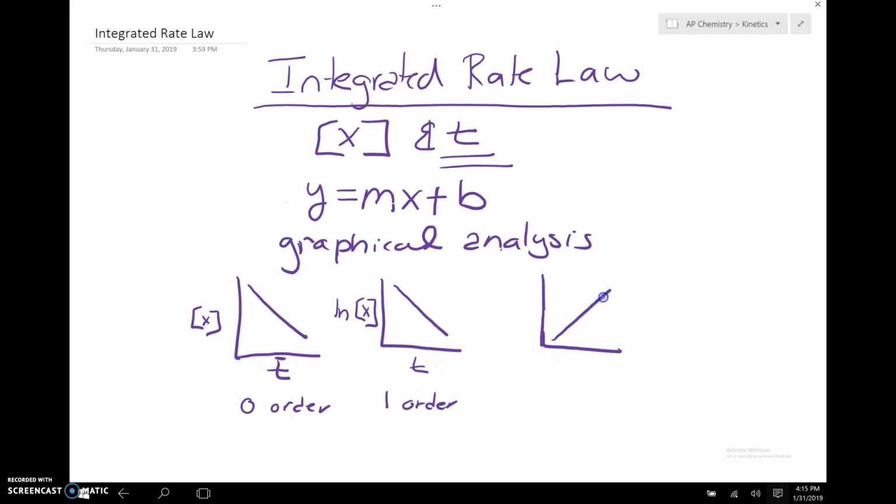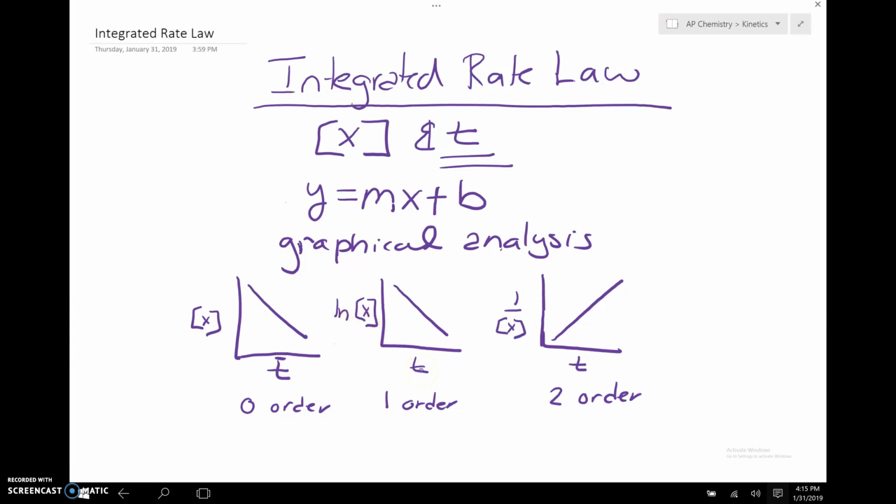And if our graph of the reciprocal or 1 over concentration versus time is linear, then we know that it's second order.